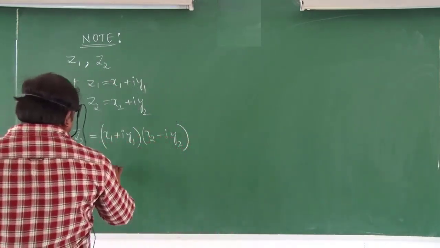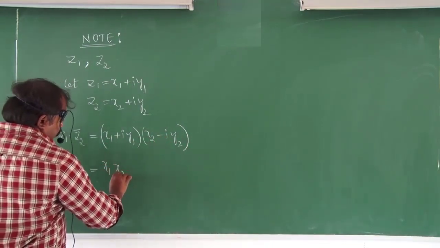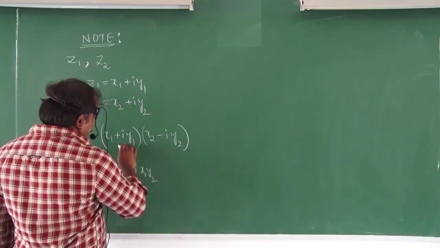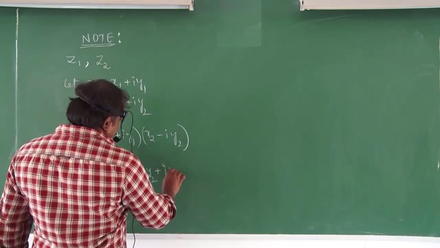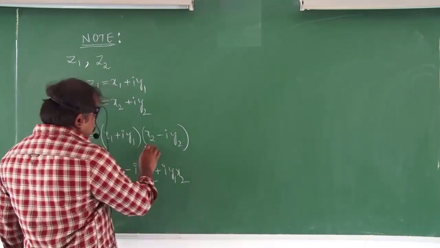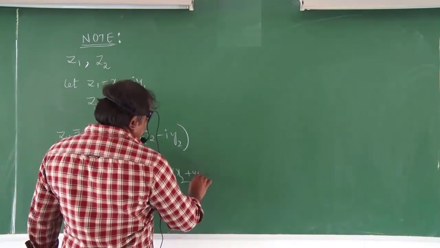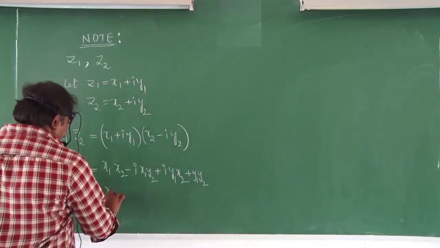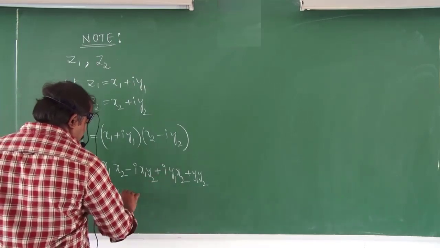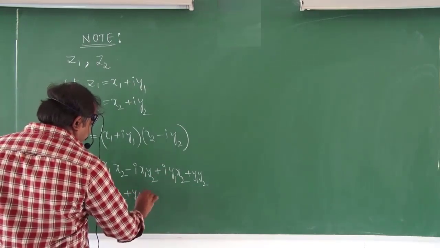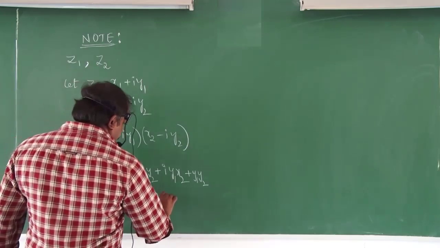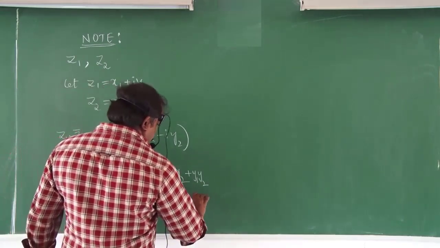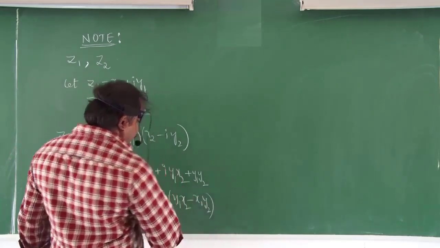If I multiply these values, I get x1 x2 minus iota x1 y2 plus iota y1 x2 plus y1 y2. Which is equal to x1 x2 plus y1 y2. This is the real part, plus iota into y1 x2 minus x1 y2 is the value.